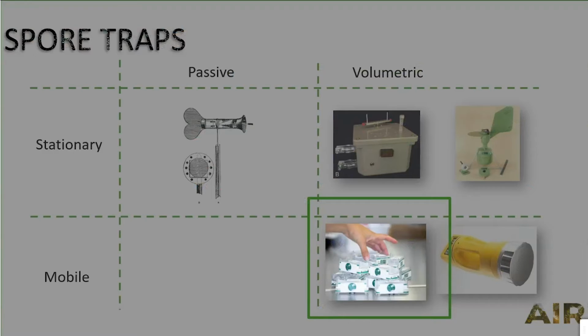So to us, the best strategy seemed to imply using a mobile and a volumetric sampler. I won't go into more detail on why these devices and not others in the category because of time constraints, but let's just say that we went for a simple and effective option.